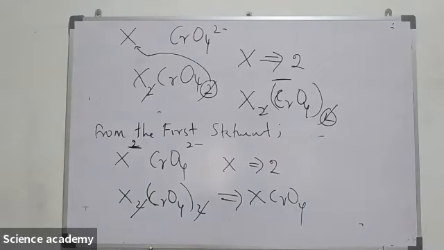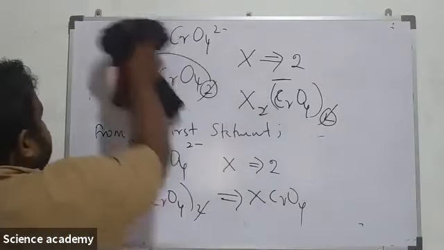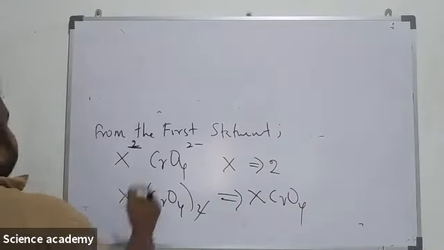Basically, X is unknown. We don't know what X is here. Now we know that.